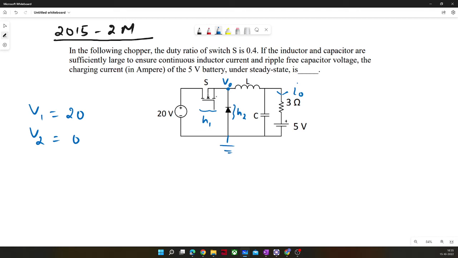That's it. So V naught will be equal to H1 V1 plus H2 V2. In any circuit, if you see it in this manner, it will be very easy to solve. And since V2 is 0, this term will be 0.